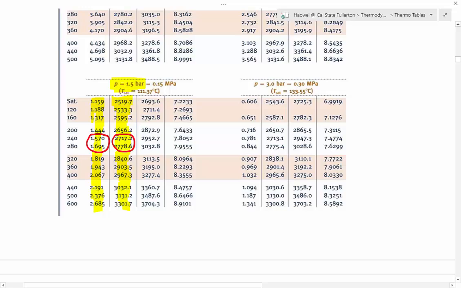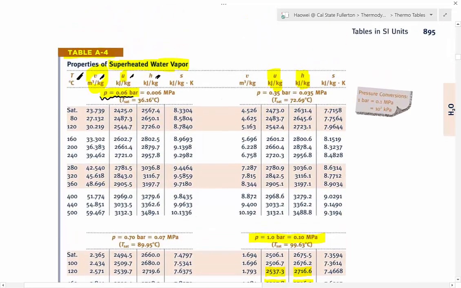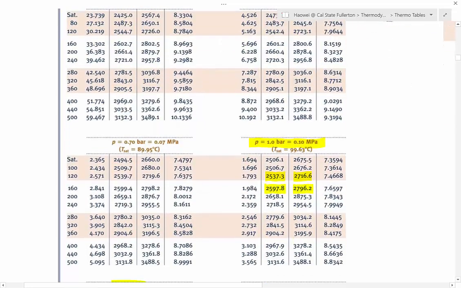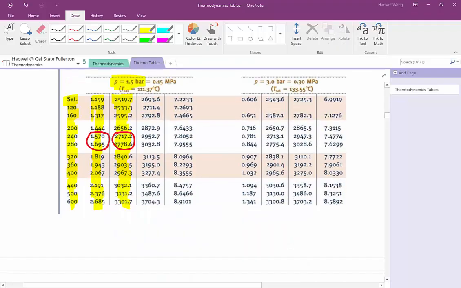So which column? We go back to this highlighted block, and then we're looking for temperature. Which column is temperature? First column is temperature. So this time we highlight the first column. And then we know nu.